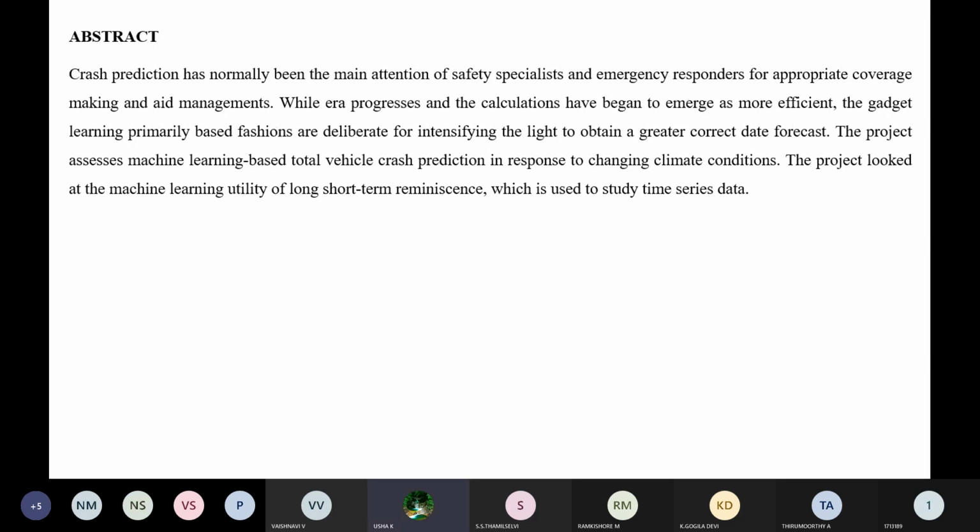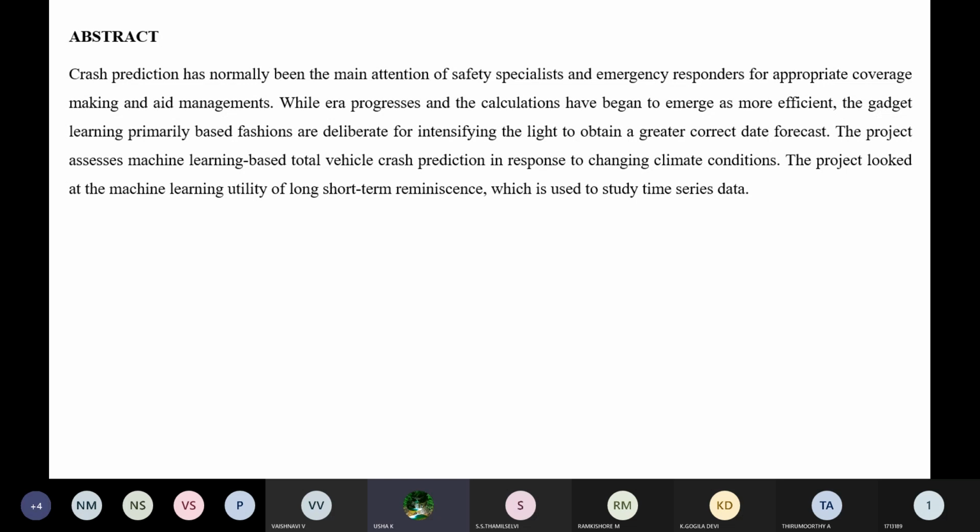Hi everyone, good afternoon. Abstract. The project is about prediction of vehicle crash due to climate conditions like rain, sunny, fog, etc. Here we used LSTM, long short-term memory algorithm, for time series analysis.